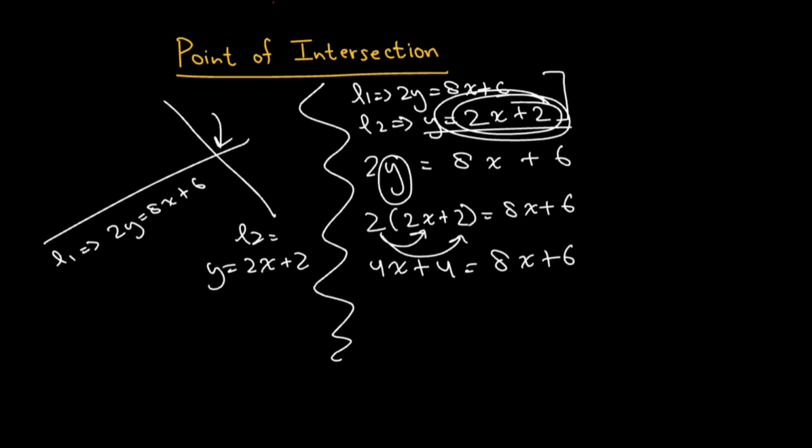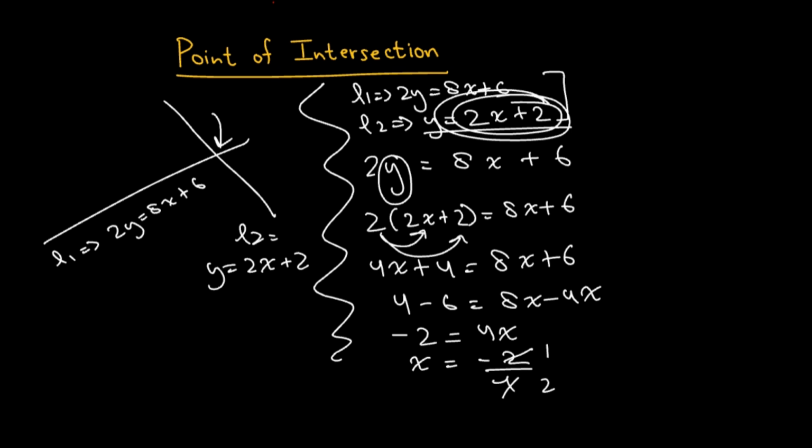Now rearrange the equation. So you'll get 4 minus 6 equals 8x minus 4x. So -2 equals 4x and x equals -2 over 4. So x equals -1 over 2.